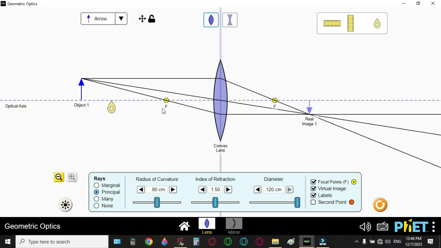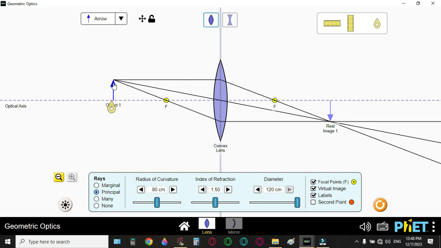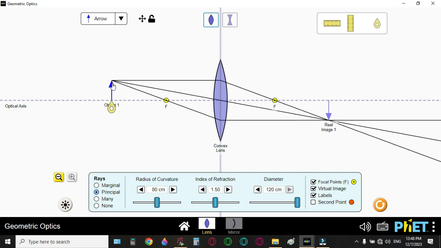This is the focal point. So like mirrors, lenses also have focal points and centers of curvature. Okay, so on the other side of the lens, we have a focal point, and we also have a center of curvature somewhere here. Okay, so say let's put the object here.